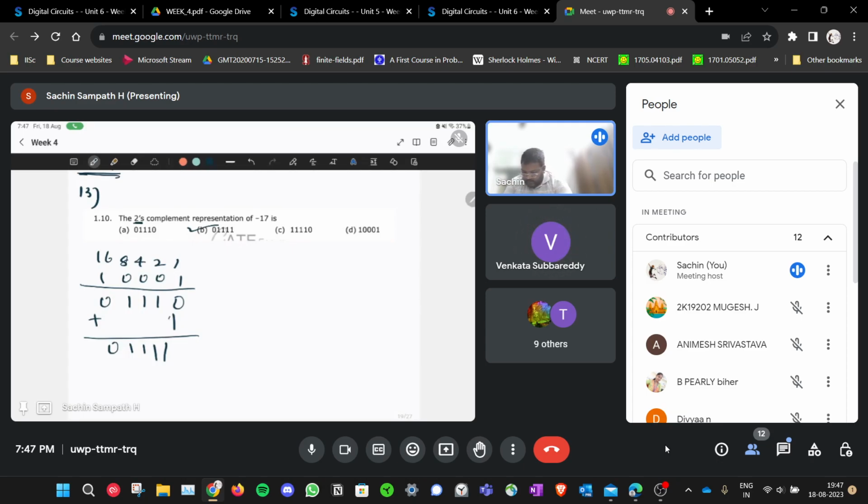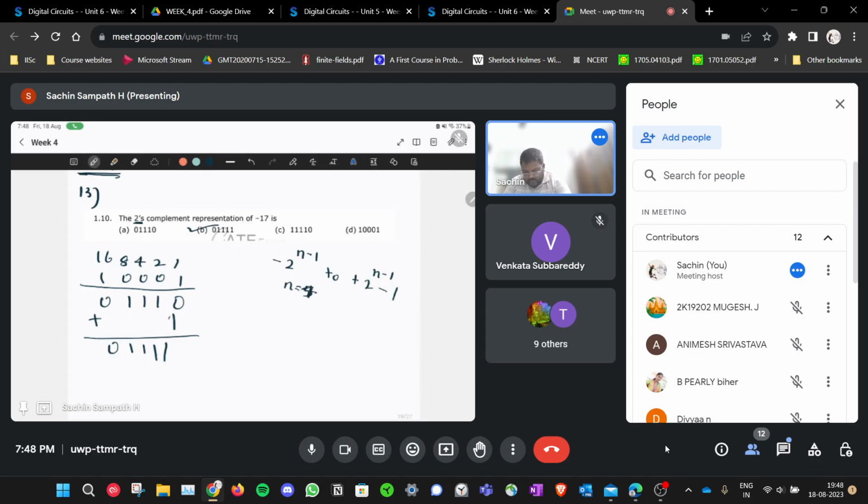Okay, I get your point. So for 2's complement representation, you can only go from minus 2 to the n minus 1 to plus 2 to the n minus 1, minus 1, right? So with n equal to 5 bits, how much can you count?